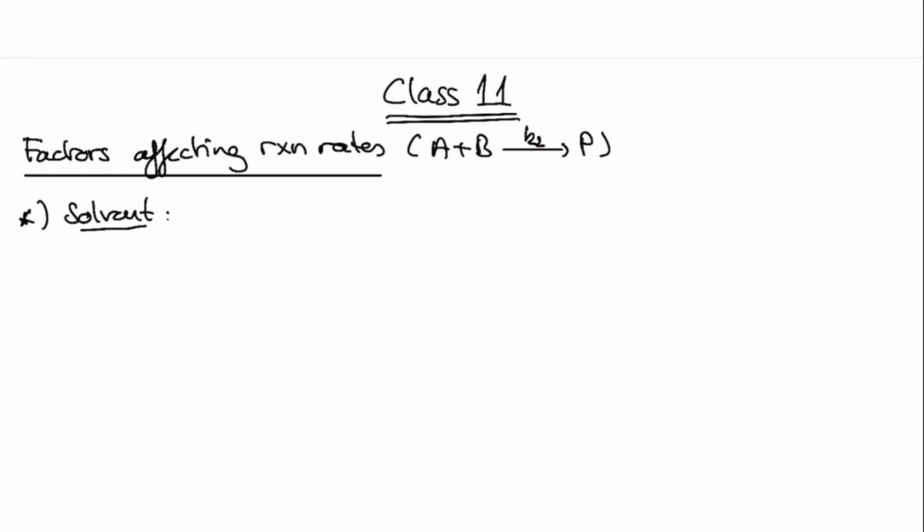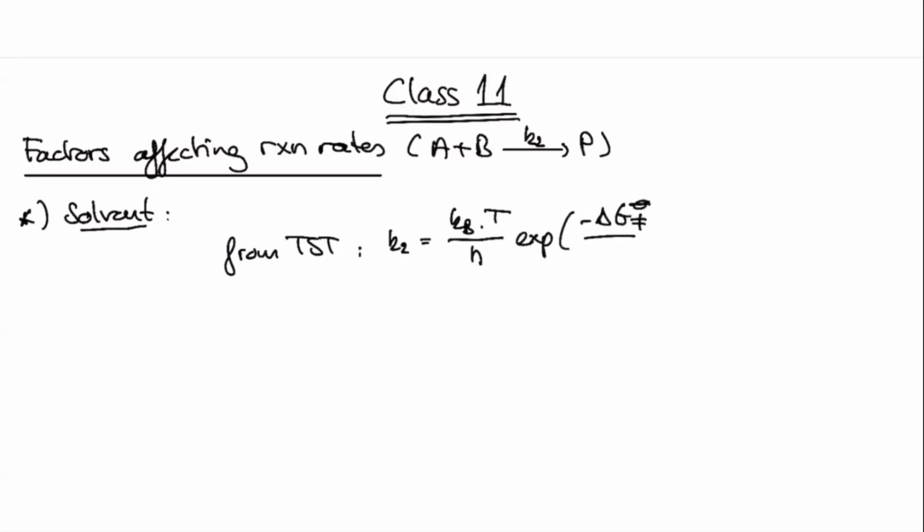But so we know from transition state theory, this is just a reminder, that this second order rate constant is Boltzmann times temperature over the Planck constant, exponent minus delta G standard of the transition state over gas constant times temperature.